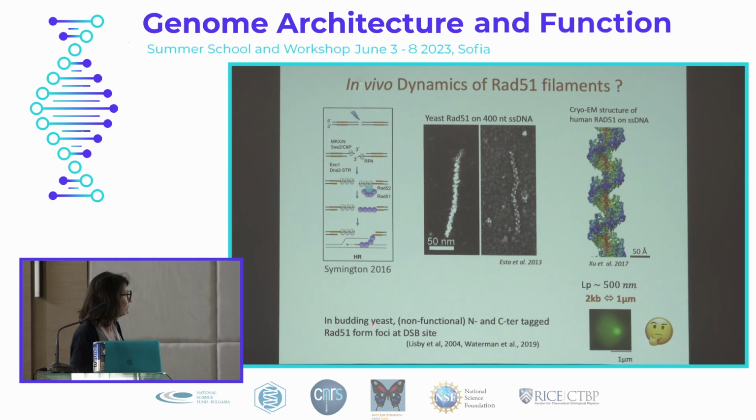What people had done in yeast is introduce a tag at the C or N terminus of RAD51, and what they observed was a focus, not at all this very long filament. As I mentioned, these were not functional, and that's not surprising if you look at this super nice cryo-EM structure of the filament: it's going to be hard to put a tag on it without impacting the structure.